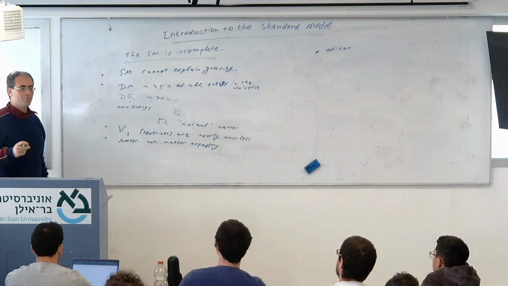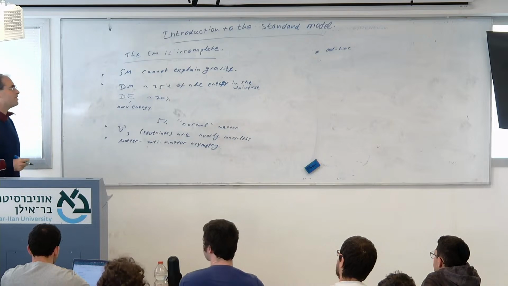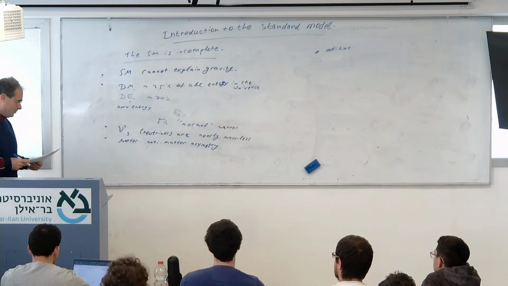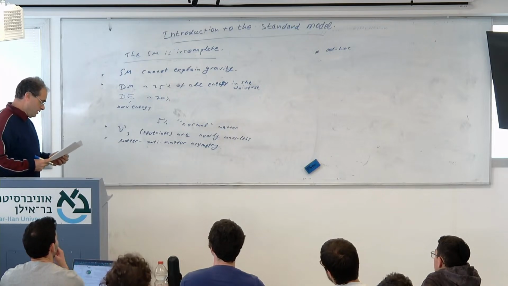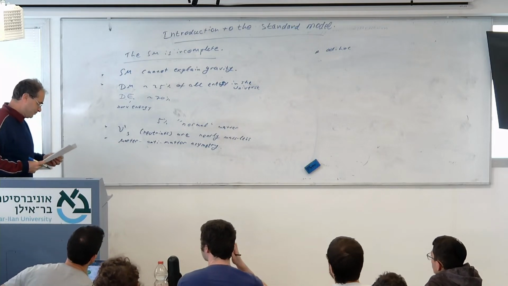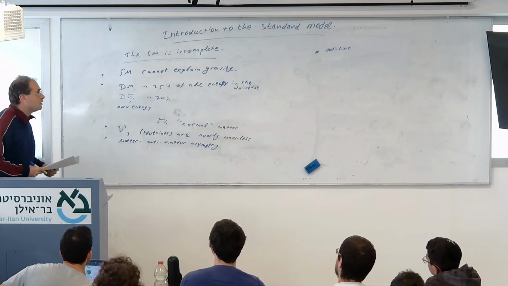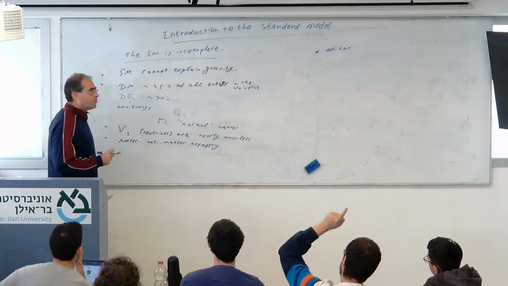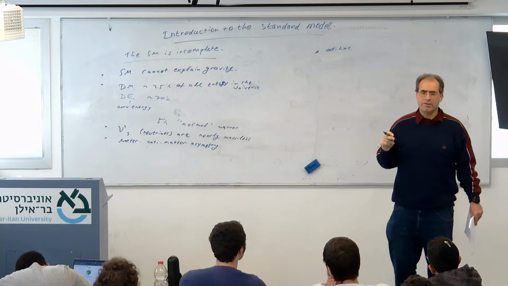We are identifying new particles based on symmetries and symmetry properties. So there are some things which are ad hoc and you don't like that. There is what's called the hierarchy problem. Within the framework of the standard model, all the masses are obtained by interaction with what's called the Higgs field.